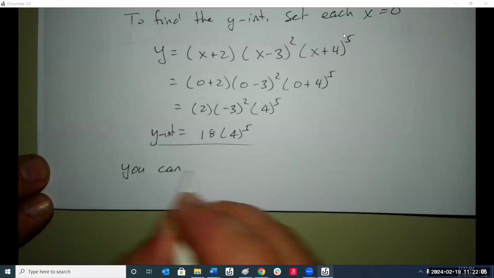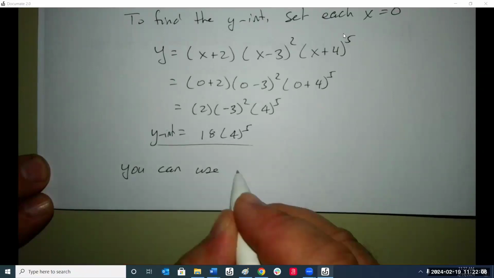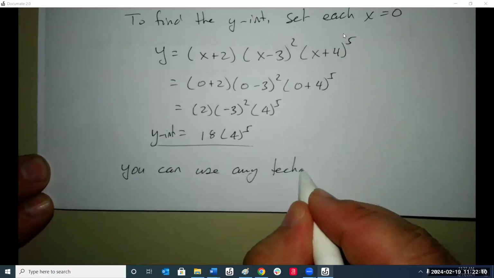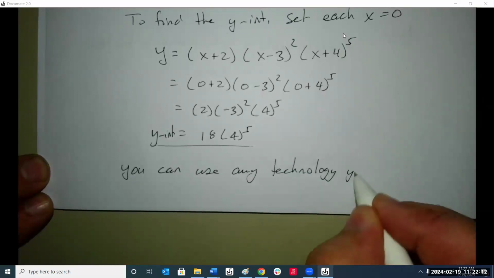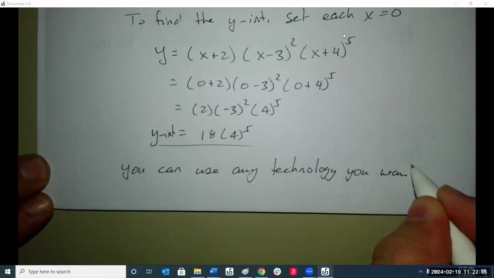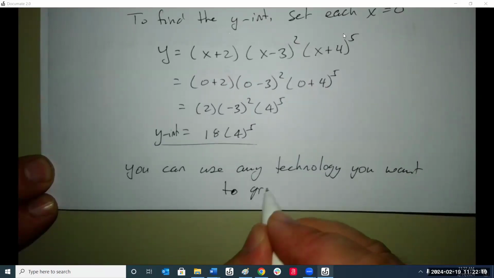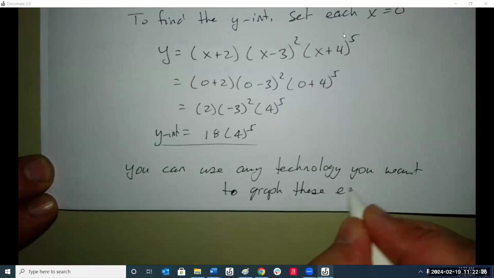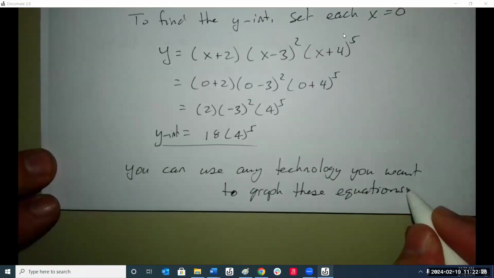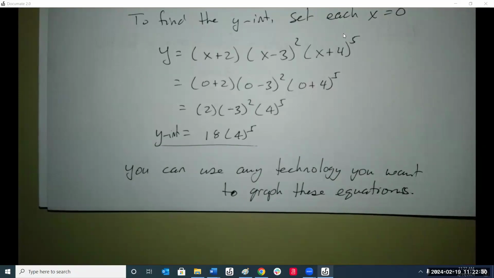You can use any technology you want to graph these equations. Some people like to use their cell phones. Some people like to use calculators. Some people use their computers, like Desmos, whatever you want to use.